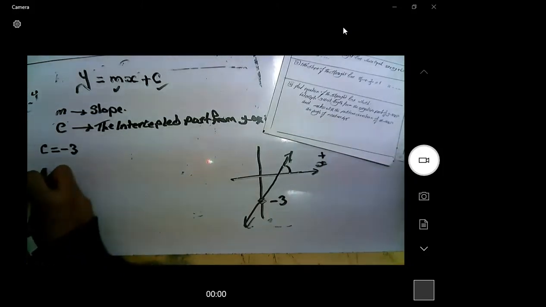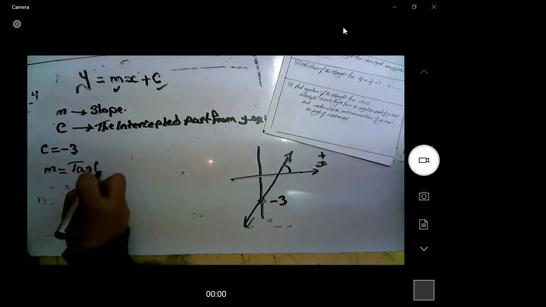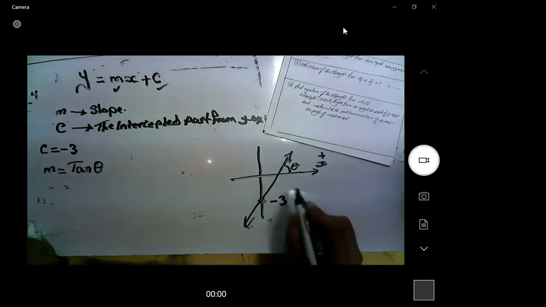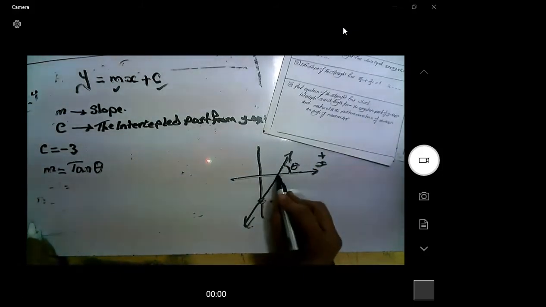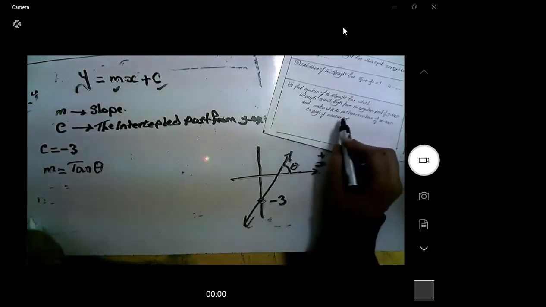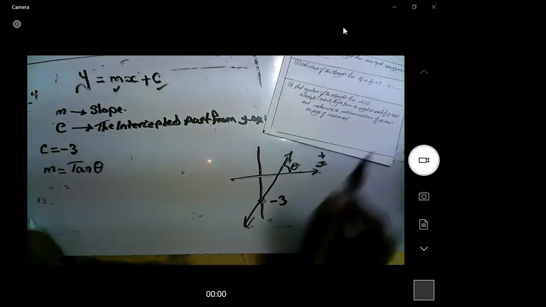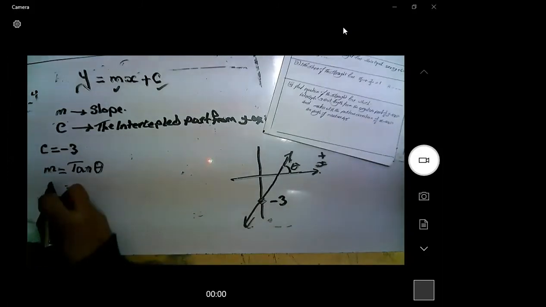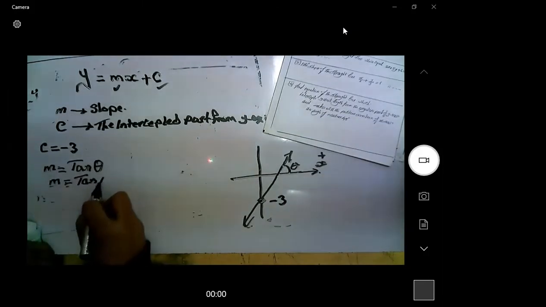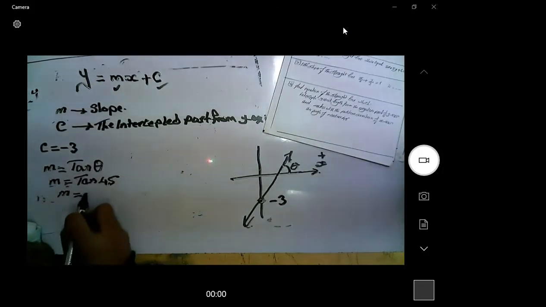The slope equals tan theta, where theta is that angle. Our angle is 45, then the slope equals tan 45, then the slope equals 1.